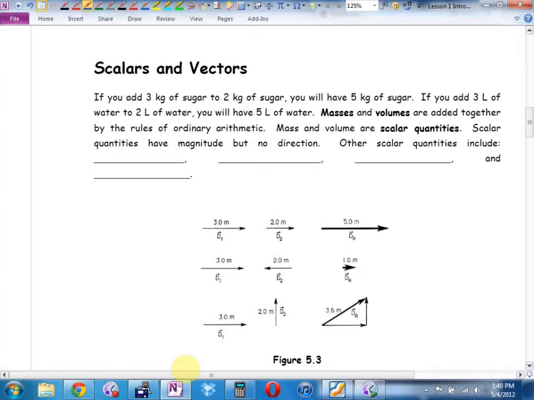Other scalar quantities, hey, what are some things that we've learned this year that are scalars? Time. What else? Speed.